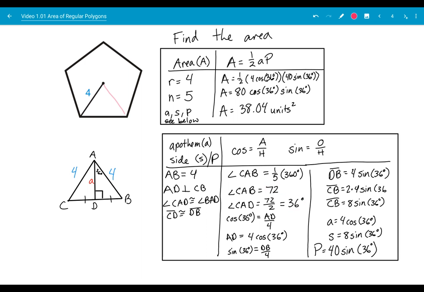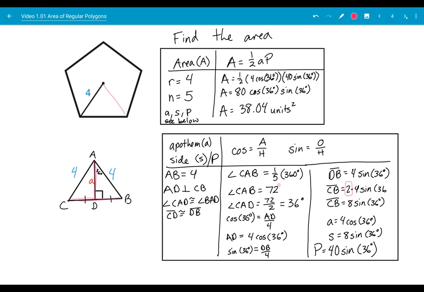Now from here, I can use cosine and sine to find values that are equal to the apothem, which is AD, and the side length. But because I'm working with this right triangle here, I'm not actually going to find the entire side length C to B. What I'm actually going to find is just D to B. So at some point, I need to multiply DB times 2 to figure out the full side length for CB.